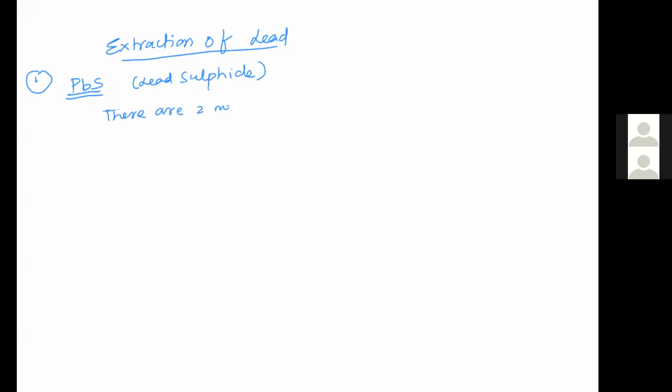We have extraction of lead. First, from PbS, which is lead sulfide, an ore. There are two methods of extracting the element.